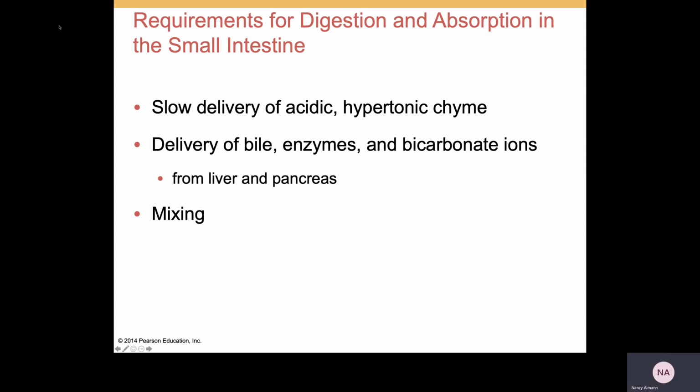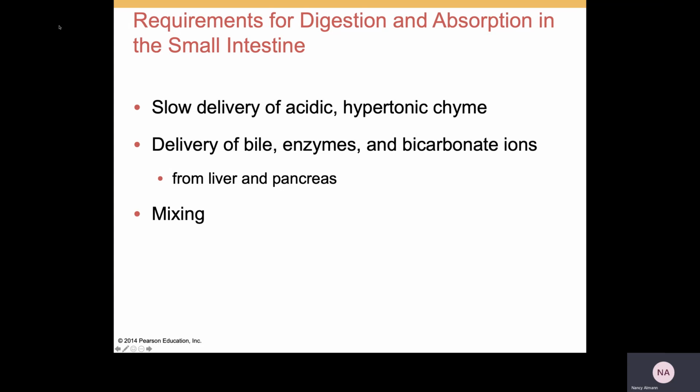We've already gone over this, but let's review it again. We know that chyme enters the small intestine. We know that the liver will produce bile, which will be stored in the gallbladder and released when you eat a fatty meal.